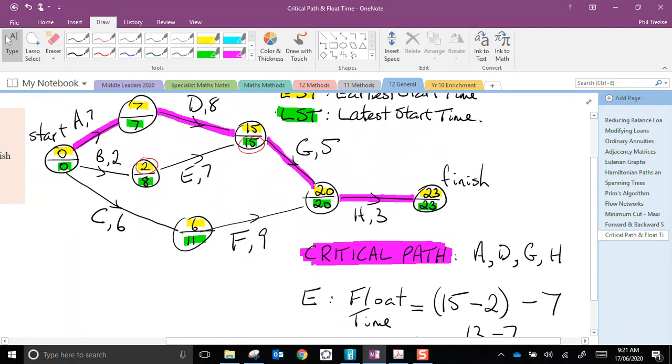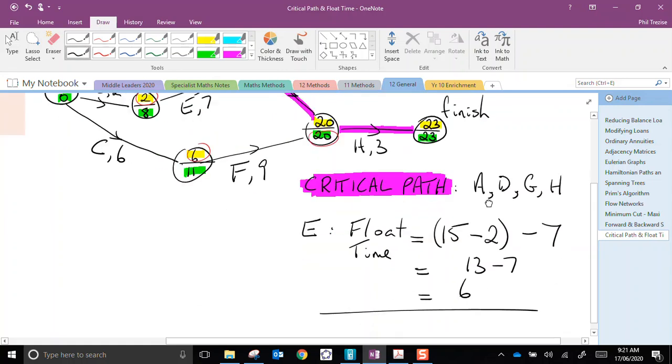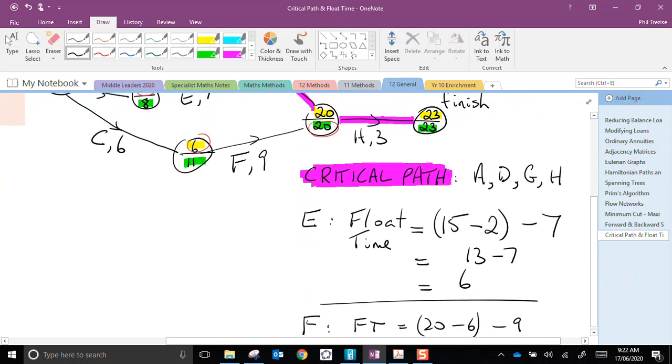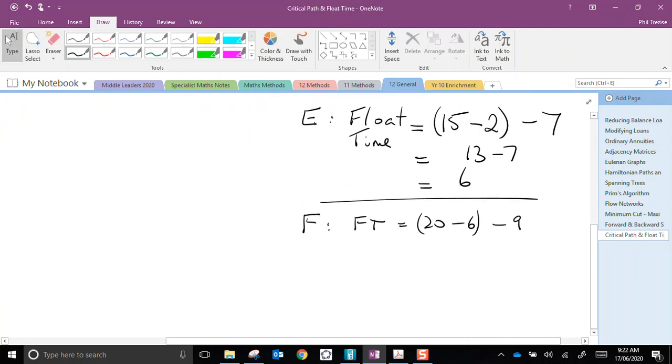Now, we'd do the same thing with the other activities that are not on the critical path. So if I look here at F, I have 20, take away 6, and the activity took 9. So for F, the float time is 20 take 6, and job F itself took 9 minutes. 20 take 6, that's 14, take away 9.